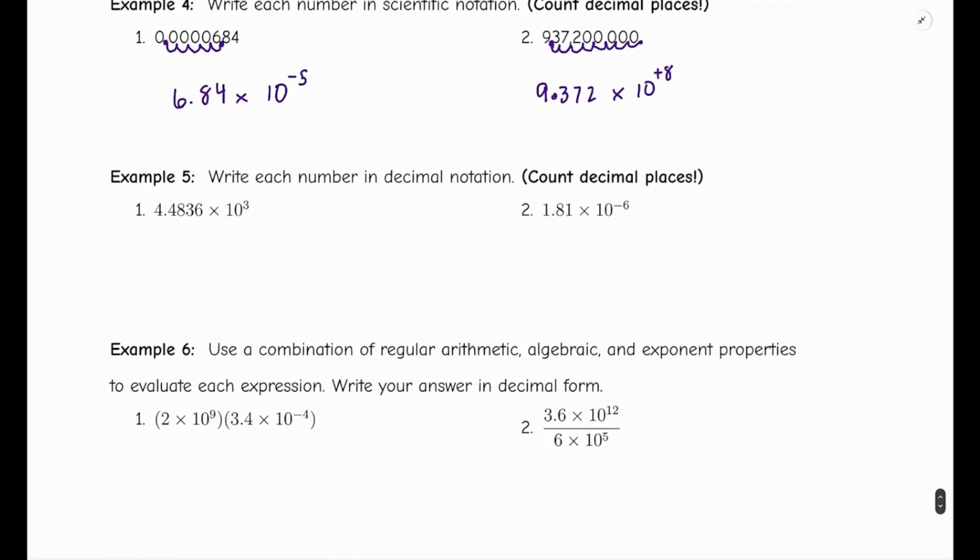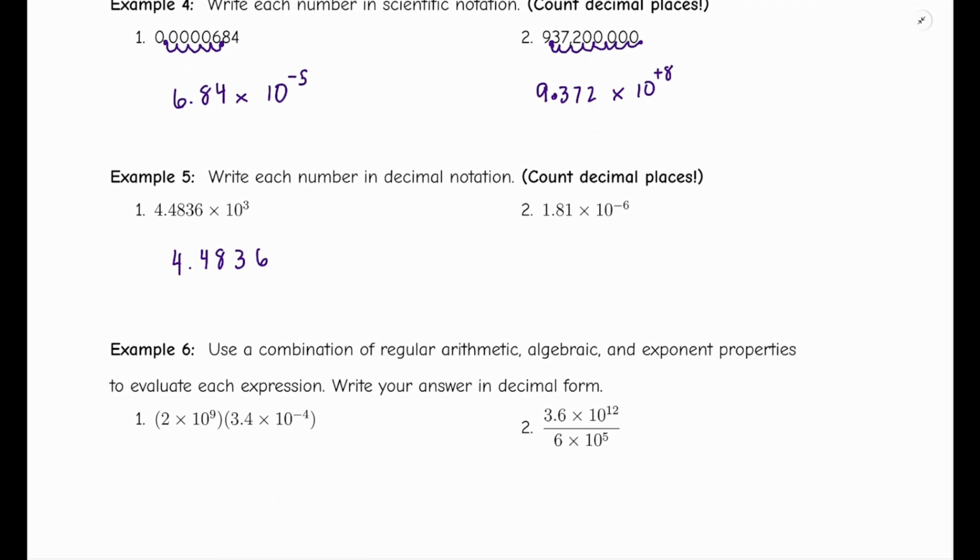Example 5. Write each number in decimal notation. Count the decimal places. Here I have 4.4836 times 10 to the third. So the 10 to the third means I have to move the decimal 3 places. Now, I always get my lefts and rights mixed up.